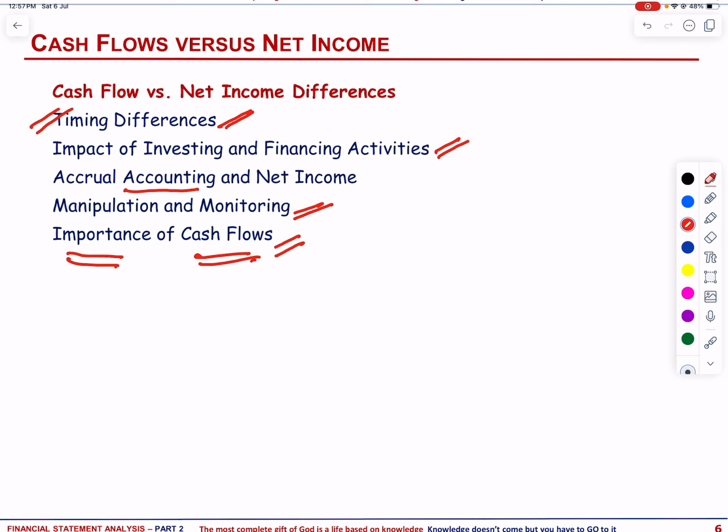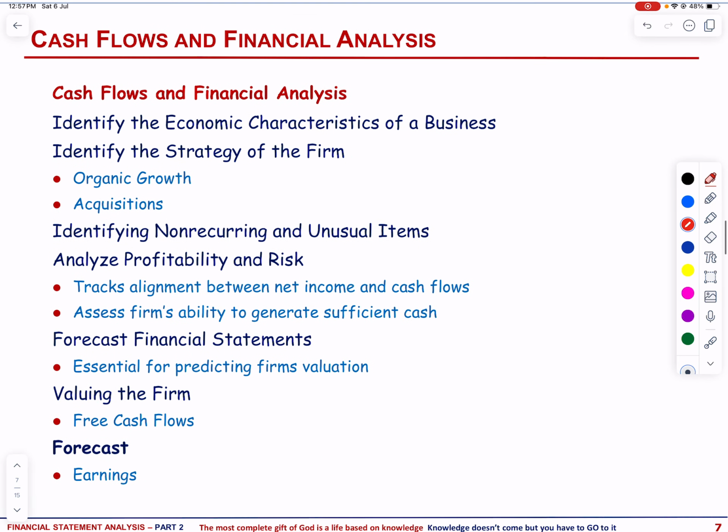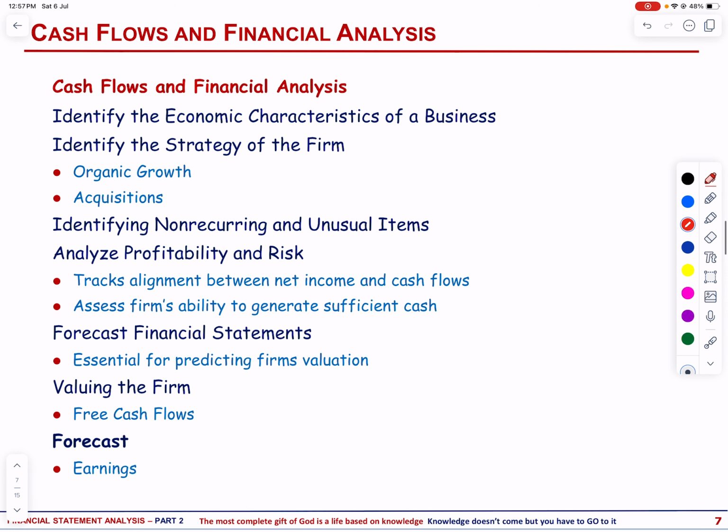Next, let us talk about cash flows and financial analysis, which plays an important role when we perform the 6 steps in financial statement analysis. Now, understanding the firm's cash flows is critical for financial analysis in order to identify the economic characteristics of a business.